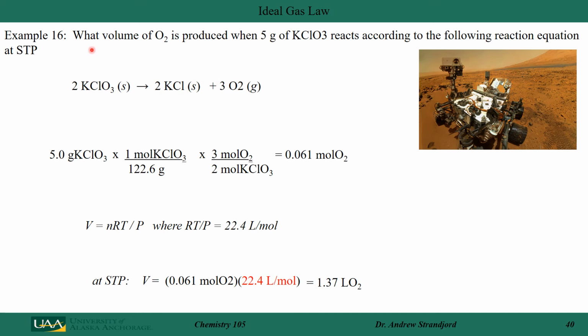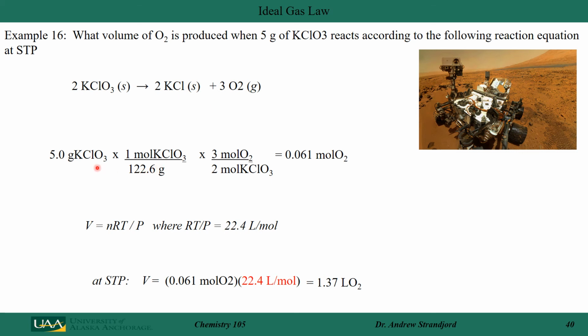The question here is, what volume of oxygen is produced when 5 grams of potassium chlorate reacts with the following reaction equation at standard temperatures and pressures. So if I have 5 grams of potassium chlorate, I can calculate how many moles of oxygen are produced from this reaction equation.